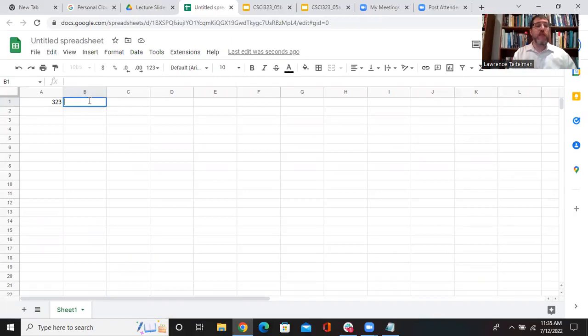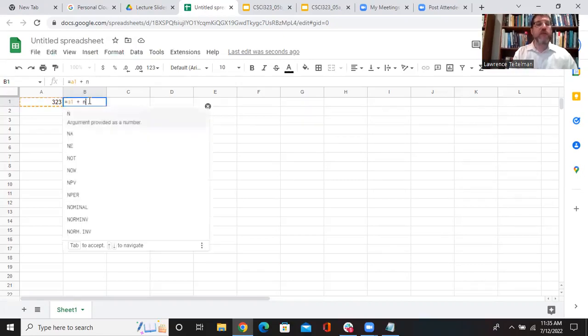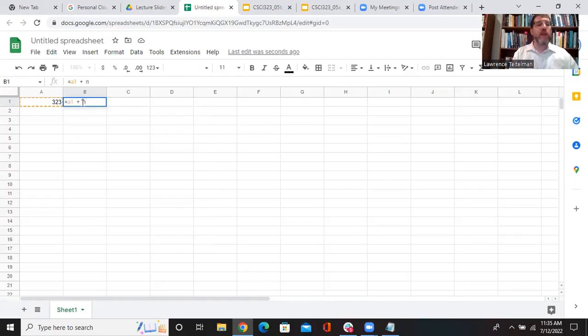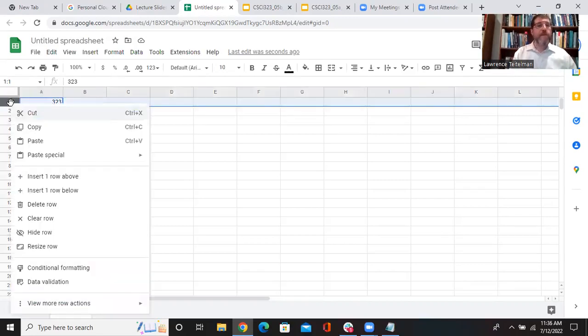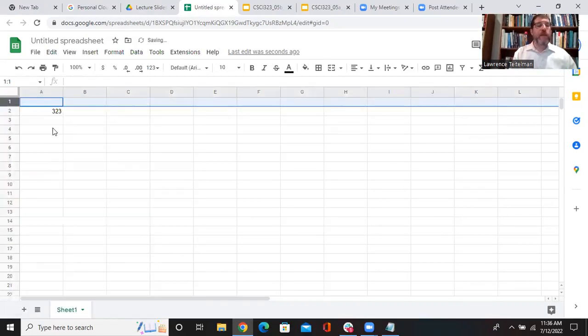And then we said you're going to take your number in A1 plus the number itself. So what is our N? Well, let's do this. This is going to be our N, so our N is 323. And to Ellie's point, let's say we're not allowed to be smart about our estimate, so we're just going to use that as our initial.